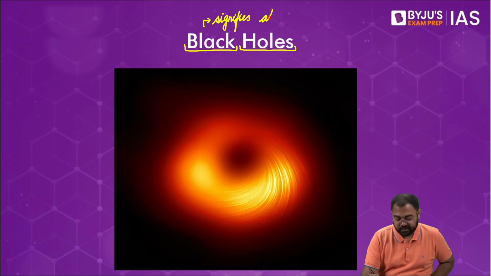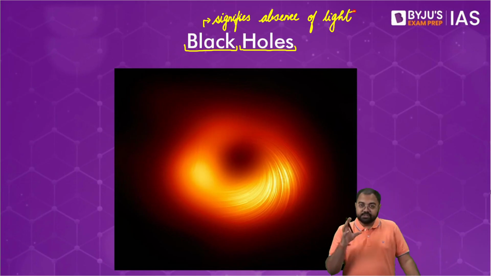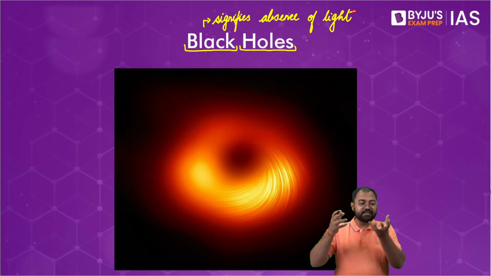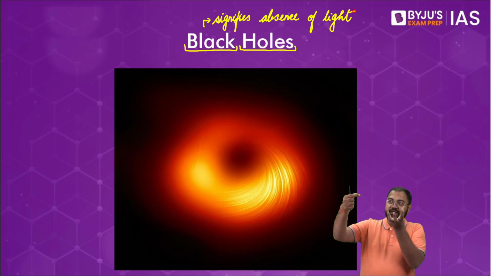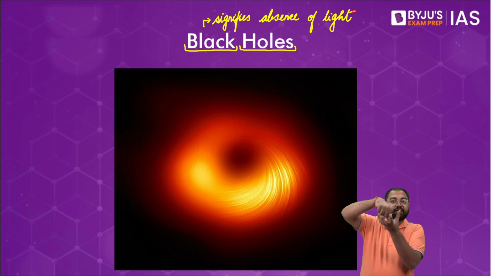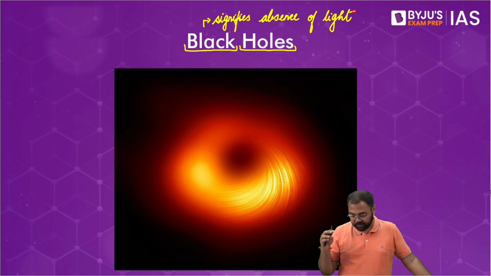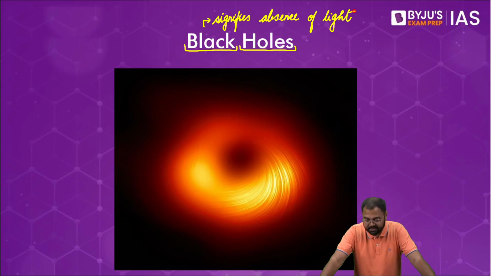That's why black, because a black hole is a region where even light particles cannot escape the strong gravitational pull of the black hole. So if light particles are passing by, they will fall into the center of the black hole, and that's why it will signify the absence of light. So that is basically what happens when it comes to a black hole.